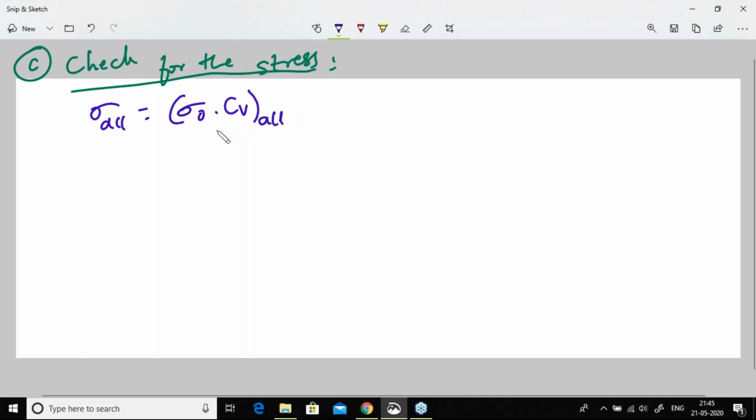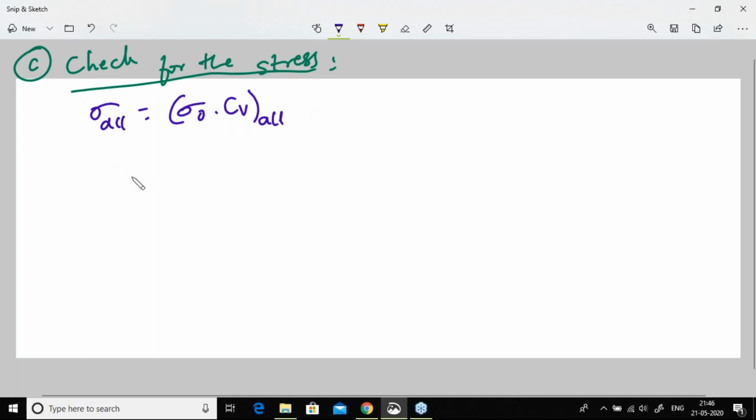Here sigma naught will be the allowable static stress of the weaker member we have to substitute, and Cv is the velocity factor. When LHS becomes more than RHS, at that time whatever Cv we calculate, that value we have to substitute and calculate the sigma allowable value.